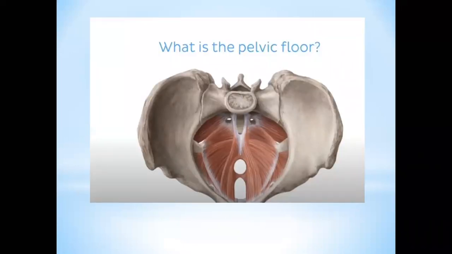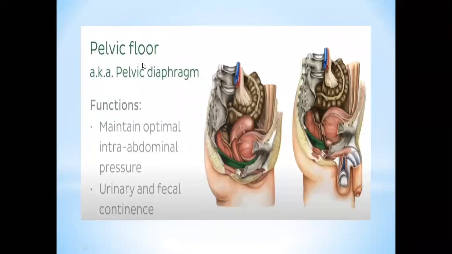Now coming to the point of what the pelvic floor is by itself. Another name for the pelvic floor is the pelvic diaphragm. The function of this pelvic floor is that it maintains the intra-abdominal pressure, and it also helps in preventing urinary and fecal incontinence.